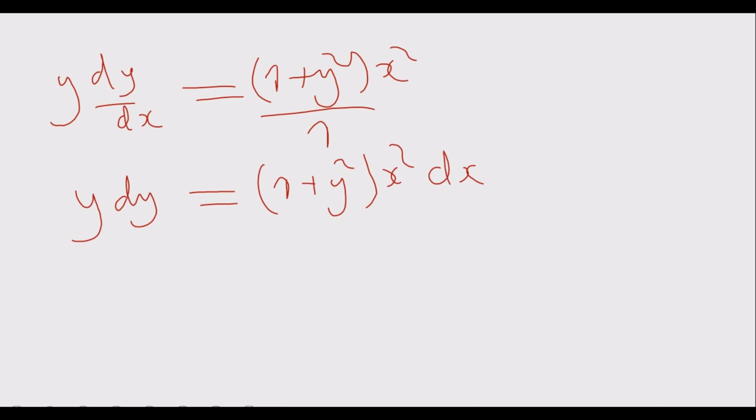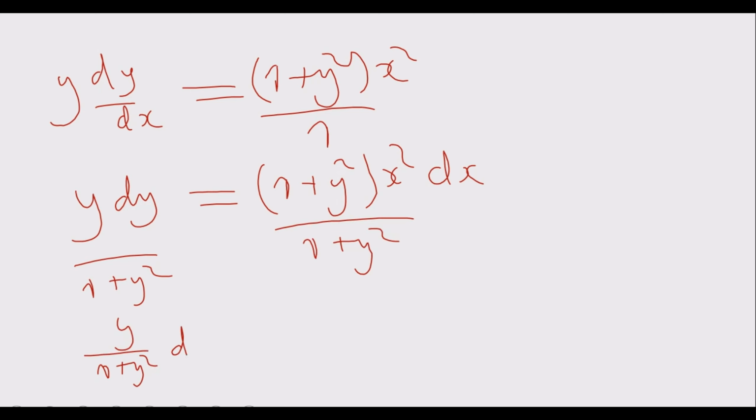Then we divide by 1 plus y squared on both sides. Then we end up with y over (1 plus y squared) dy equals, this one and this one cancel, x squared dx.